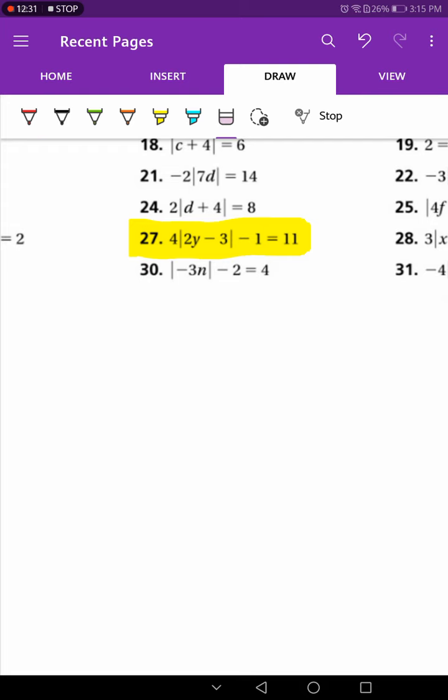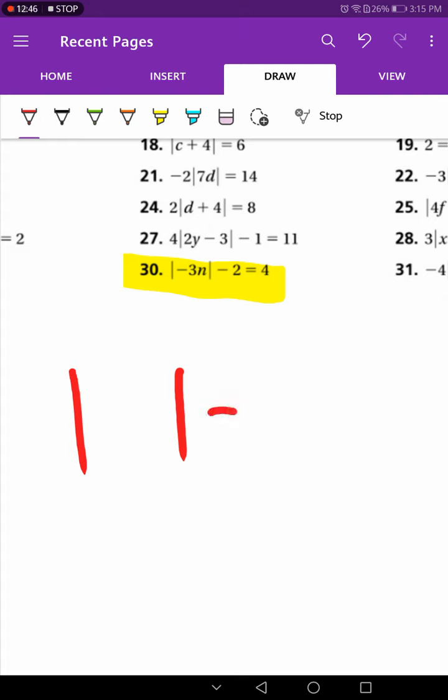Now question number 30. It is the absolute value. We are here, my dear student. Don't get lost. Okay, let me write it now. The absolute value of -3 times n, minus 2 equals 4.